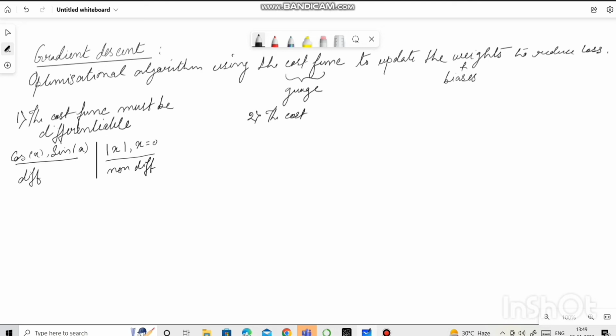Now the second criteria would be the function should be convex. The cost function must be convex. Now what does a convex function look like? We have a function which looks like this.